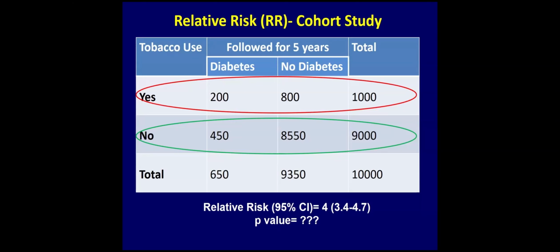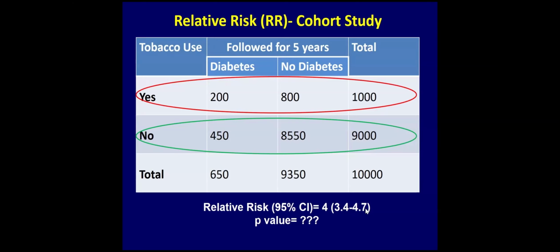Just looking at the 95% confidence interval, can you tell that definitely those who are using tobacco will have higher risk of diabetes compared to those who are not using? Can you tell that?